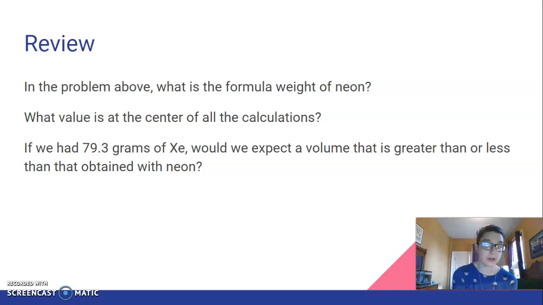For that, you could just compare the molar masses of the two and see how that would affect what you expect. And then you could also just plug in, instead of the molar mass of neon in the previous problem, the molar mass of xenon and then see what value you get. Is it greater than 88 or is it less than 88?